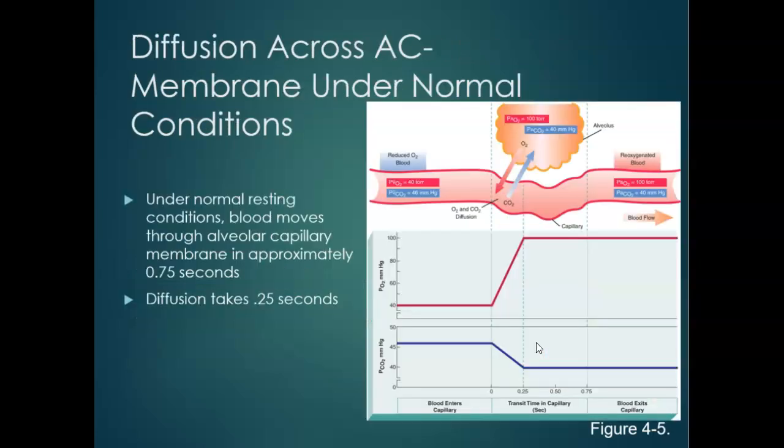Typically, diffusion should only take a quarter of a second to happen, so very, very quickly. And the blood is going to be moving past those alveoli at a slower rate of about 3/4 of a second. So plenty of time for diffusion to take place.